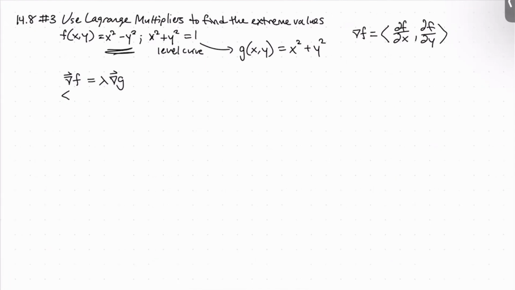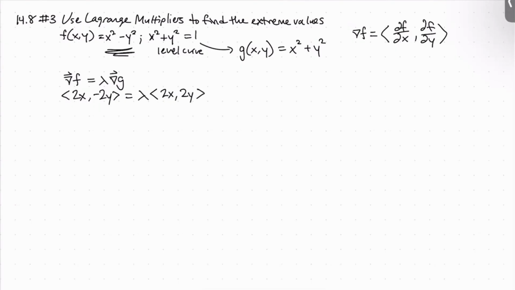So if we look here, partial x is going to be 2x and partial y is going to be negative 2y. And that's going to equal lambda times the entire gradient g, which is 2x, 2y.